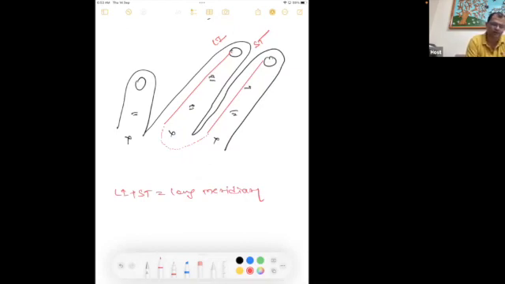Or we know the LI plus ST together are called Yang Ming. इन दोनों को हम yang ming भी कहते हैं. They supply the front body. So the problem of the front side we can treat by these two meridians.